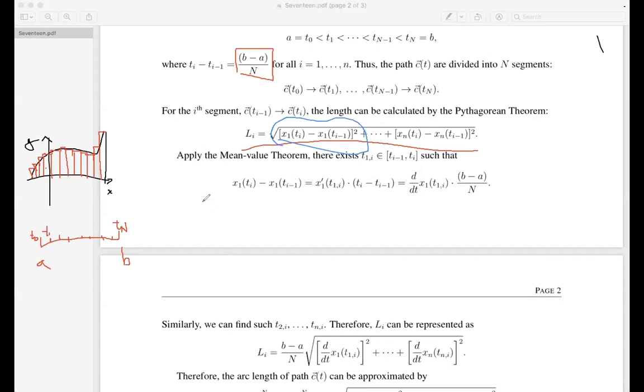Okay, so for each coordinate function x1, x2, all the way to xn, these functions are all real valued functions, right?